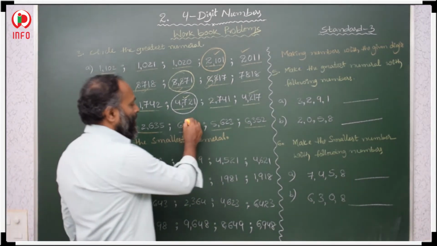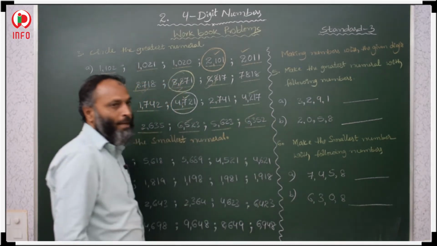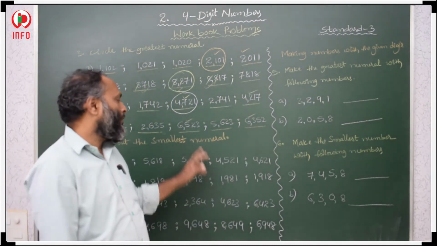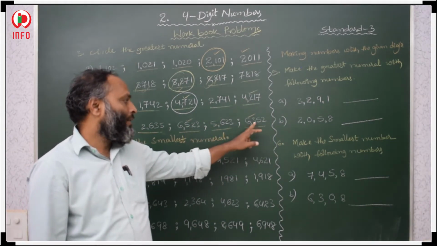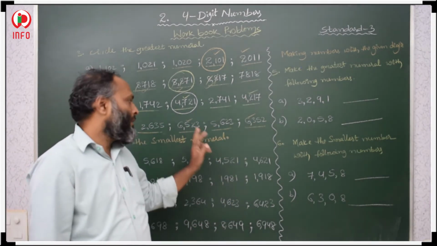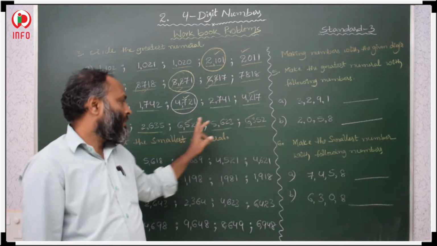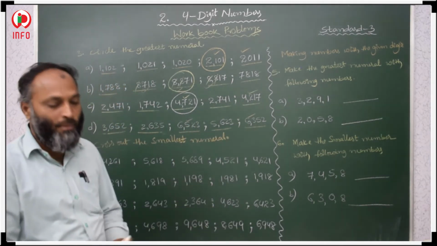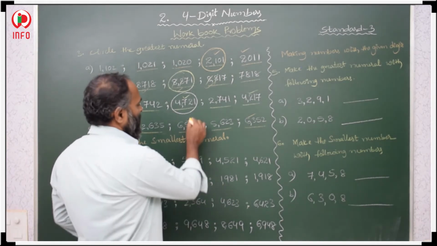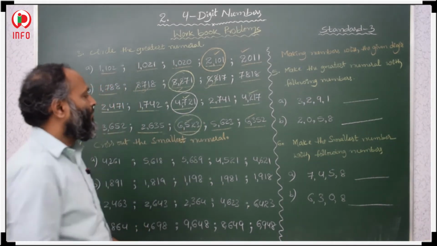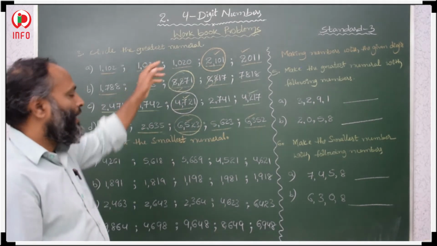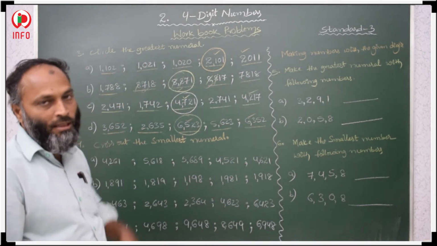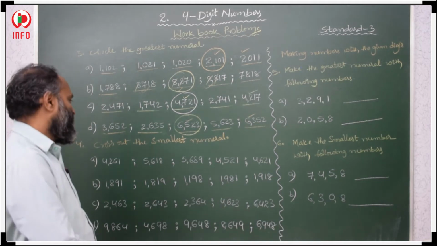In these two we have to decide which one is bigger, so again we go to the hundreds place. In the hundreds place 5 is there, and in the other 3 is there. Between 5 and 3, 5 is the bigger one. Circle that. 6,523 is the bigger number. In this way we have to check and circle the bigger, greater one.